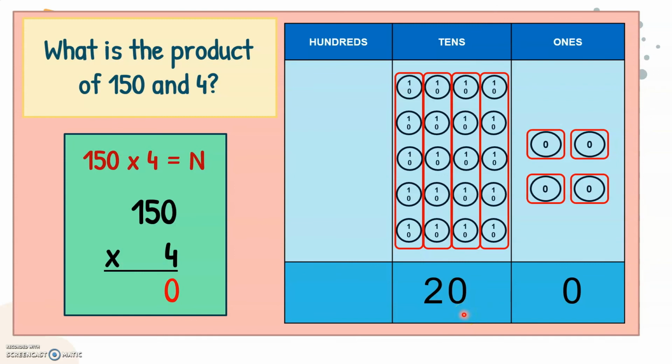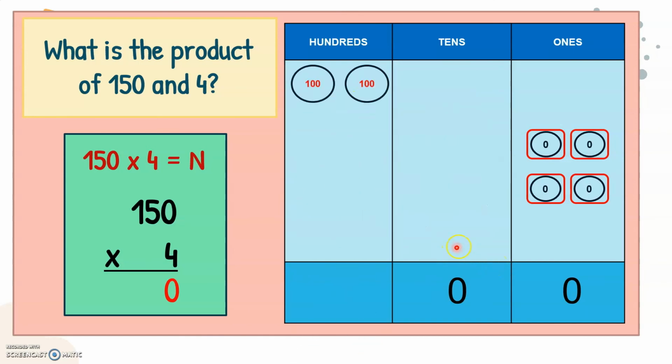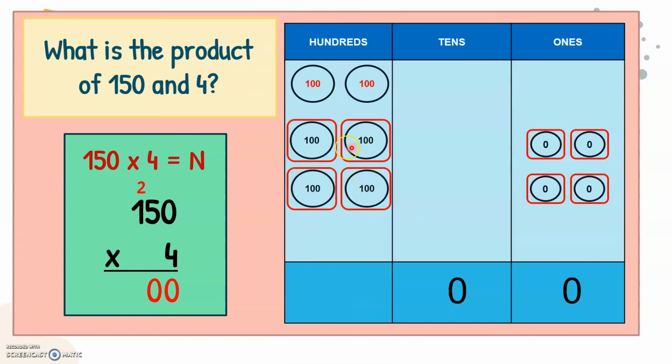And 20 is more than 10, which means we need to regroup it to the next place value because we have 2 groups of hundreds. So, the answer here is 0, regroup 2 to the next place value. 1 times 4 means 4 groups of hundreds plus 2.